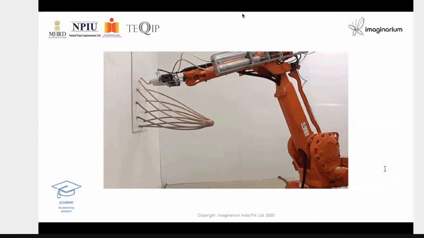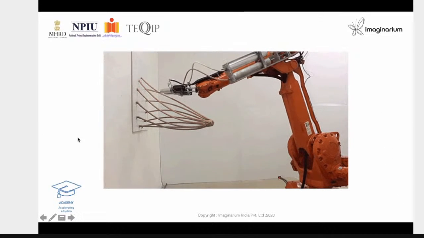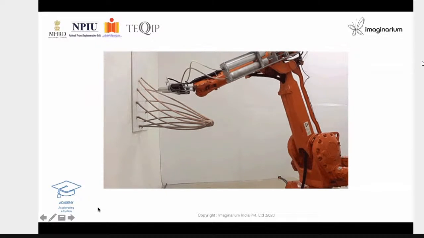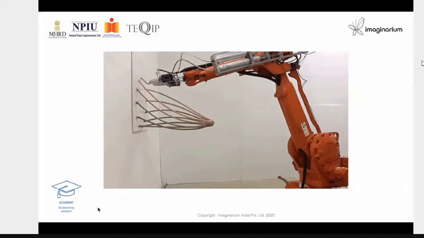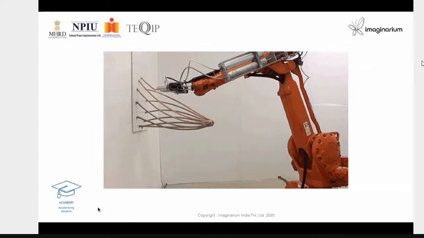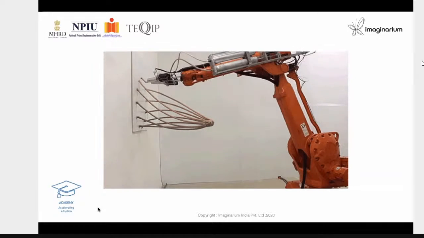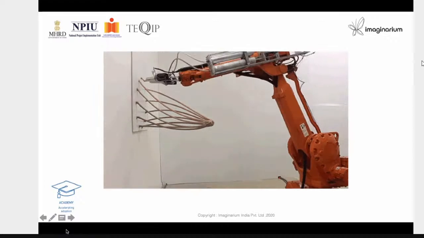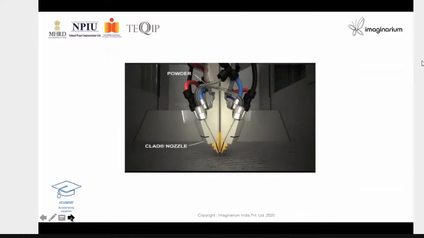Okay. So what you see here again, a robotic arm depositing something, and the definition of layer upon layer is also a little bit questionable whether we should really incorporate in the definition or not. You can see here, this is like a print head, which will convert any kind of CNC into a metal 3D printing machine. Okay.